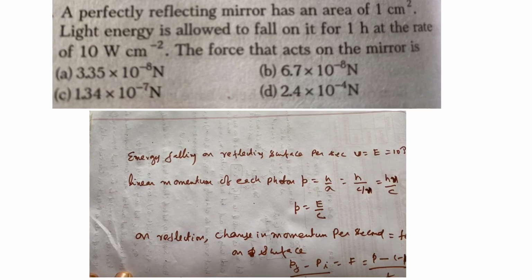So force on the surface equals 2P by t, where P equals U by c, which is 2E by c.